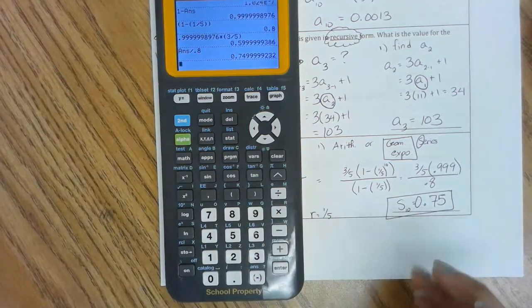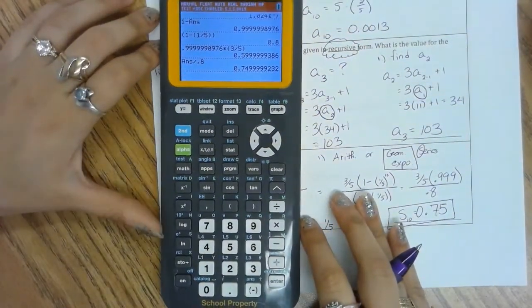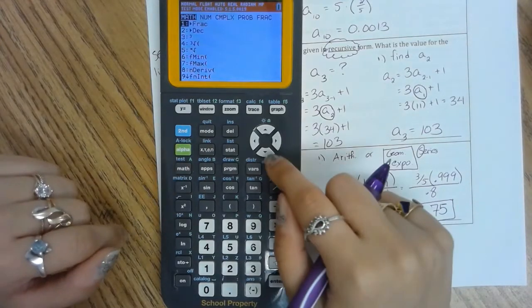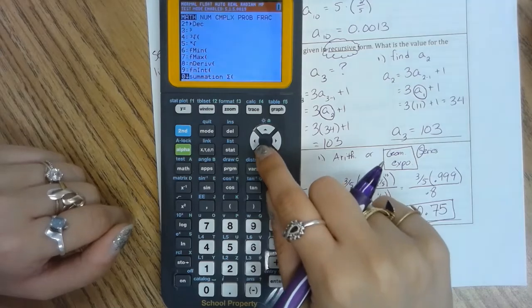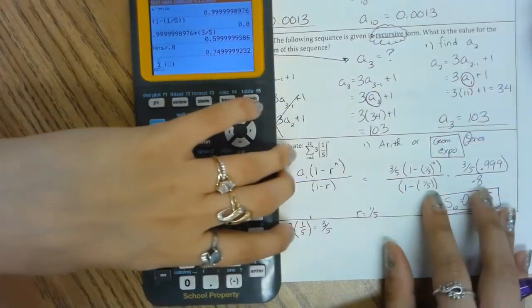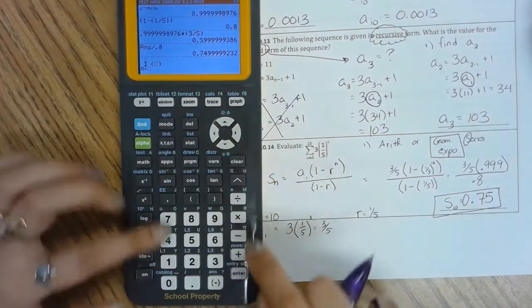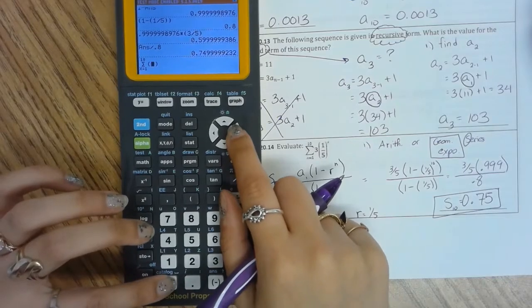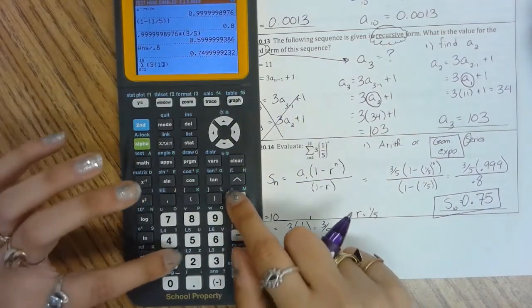I believe if you hit math and you scroll all the way down to summation, you just have to plug in everything. Okay. So it's x equals 1, go up to 10, 3 parentheses 1 divided by 5 raised to the x power. And you notice we get the same exact answer.